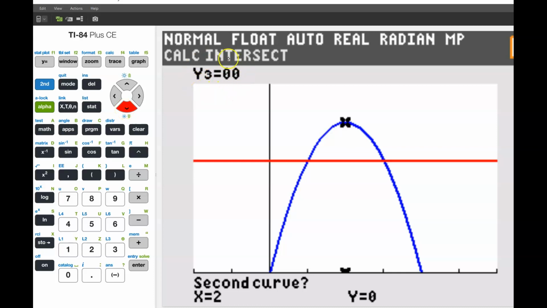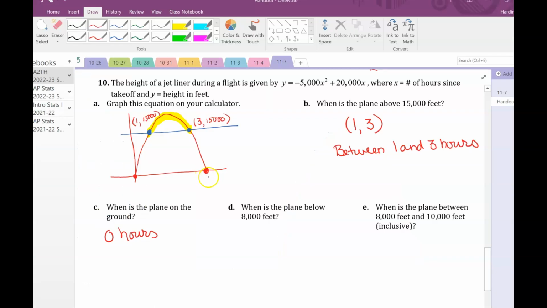So this is the other equation that I want to find the intersection with. So I hit enter again, and then it changed to guess. Enter for the guess at 4 hours. So this right here is the 0.40. So it's at 0 hours and at 4 hours after takeoff.